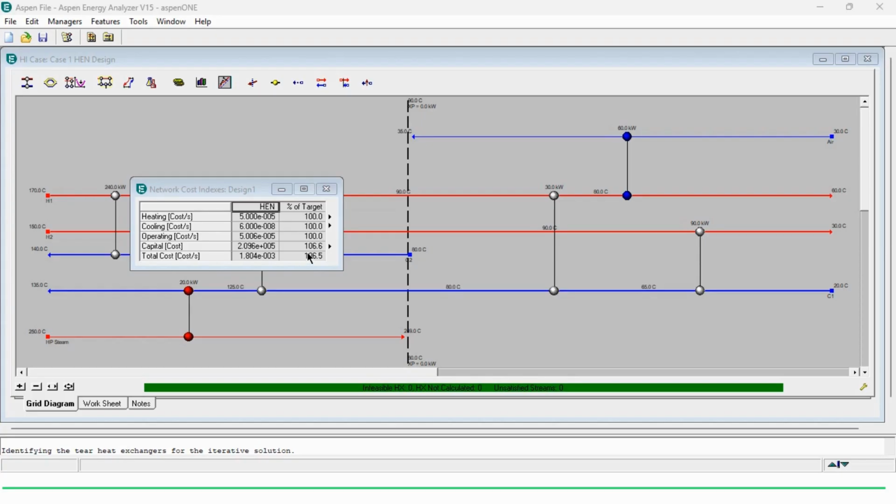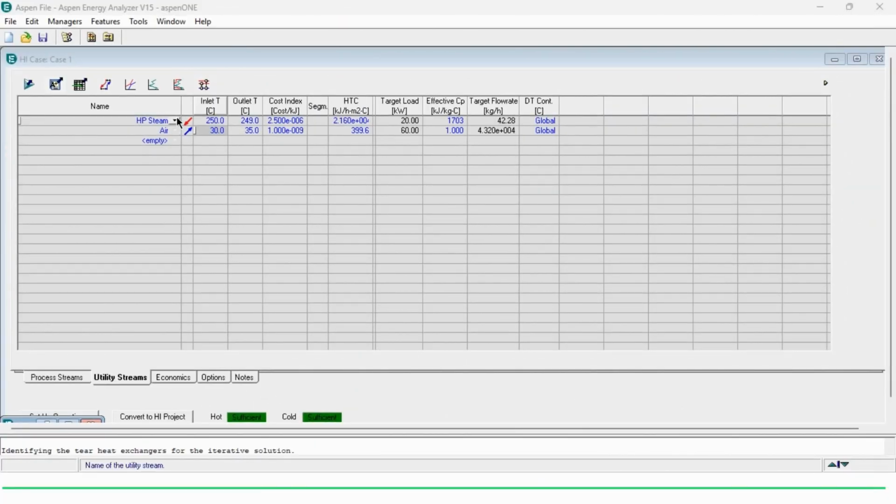You have crossed the benchmark, because 100% means that if the benchmark is 1, you are at 1, but if it is above 100%, it means you are above that value. So the capital and total cost has exceeded, and this is obviously not a suitable case.